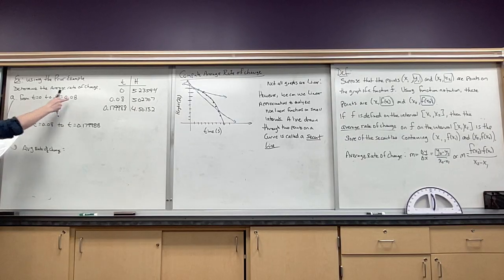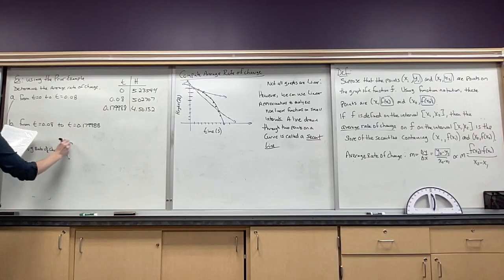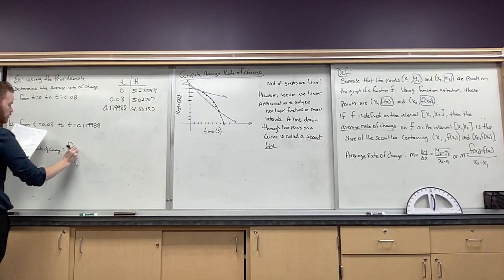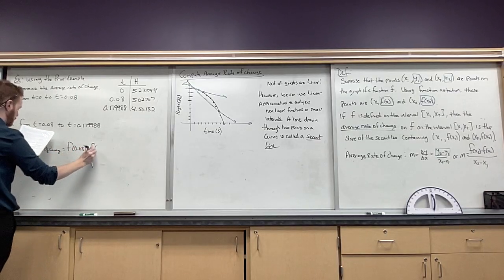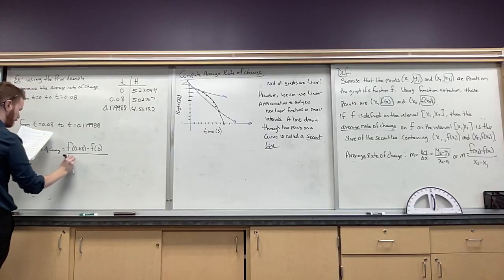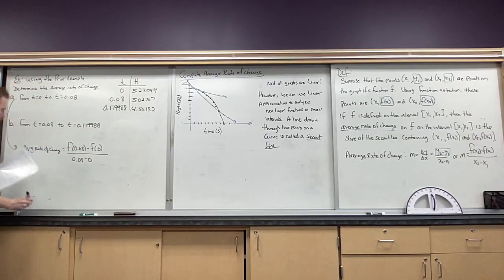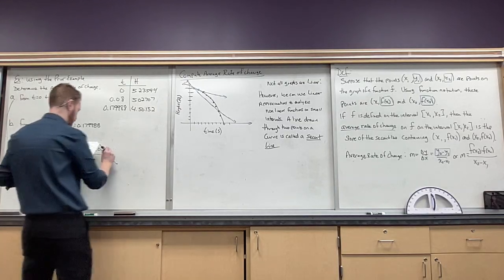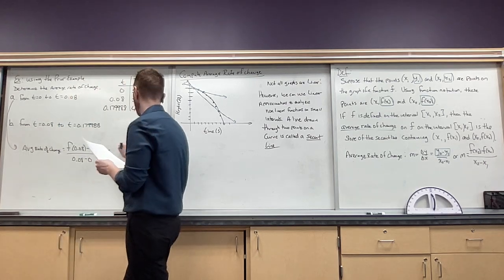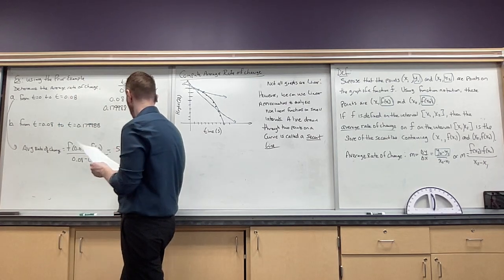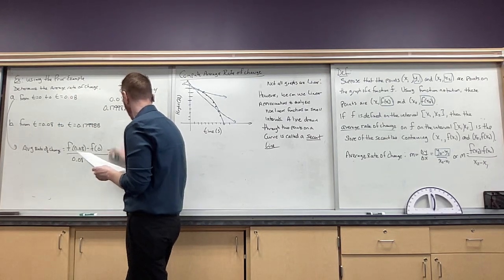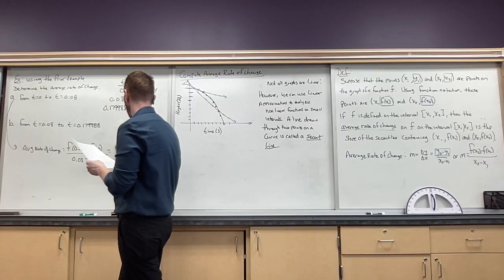So this would be my second, this would be my first. I'm going to use the symbols to represent it, so that we're used to seeing it. Okay, so f of 0.08 minus f of 0, divided by 0.08 minus 0. So that's going to be the following.